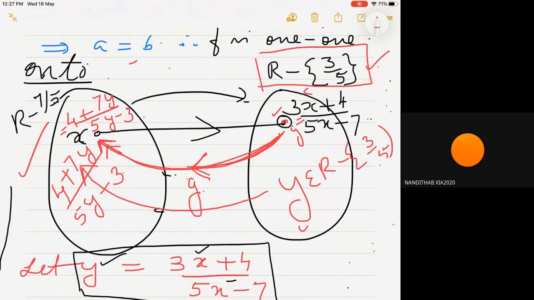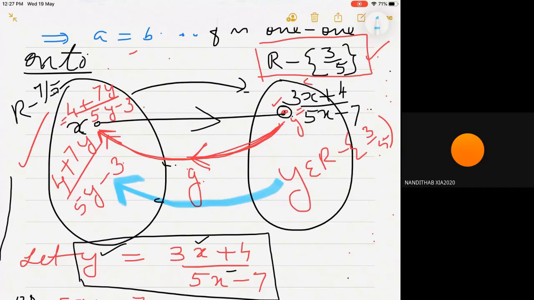This is your question now. Y is any element from this set, R minus 3 by 5, and here we are getting 4 plus 7y by 5y minus 3. Whether this point can be an element of here.